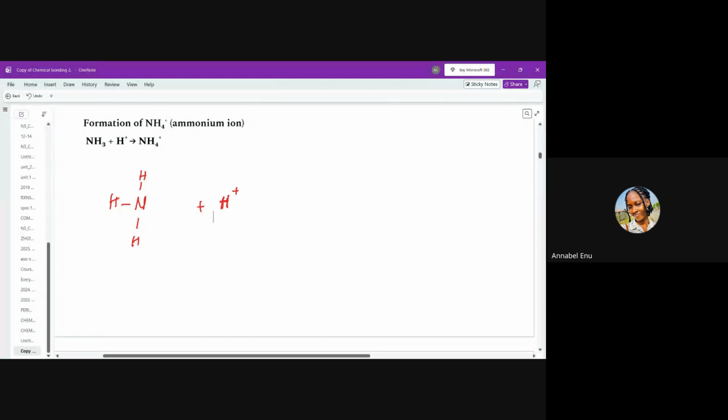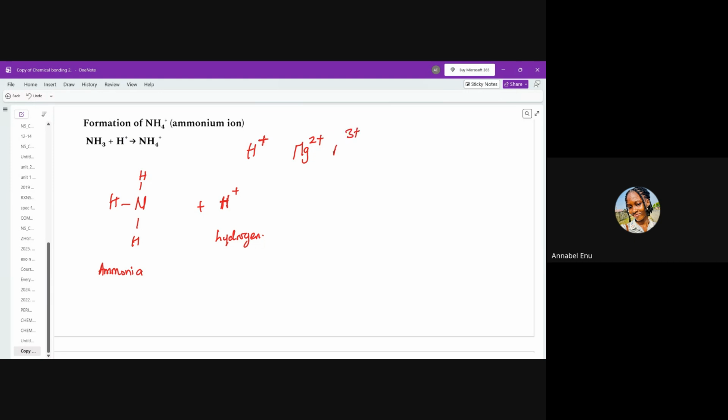So now for ammonia, this first one here is ammonia, and this is hydrogen ion. Remember I said that when any element has a plus charge, it means it has donated. Something like this means hydrogen has donated one electron. Magnesium has donated 2 electrons.